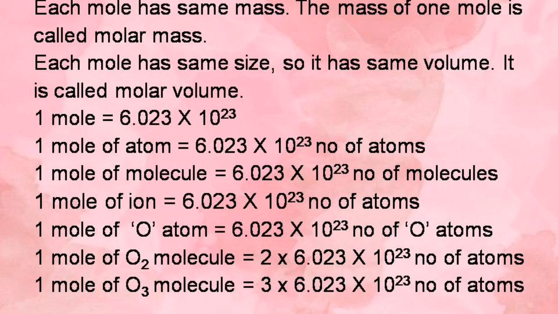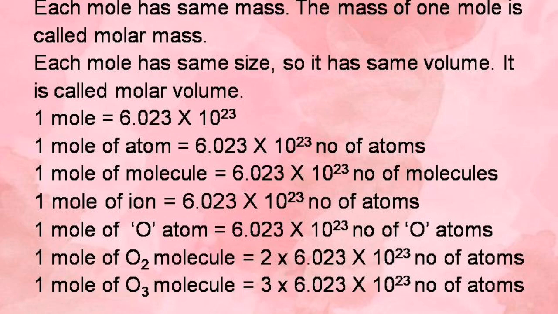We know very well that 1 mole is equal to 6.023 into 10 power 23. One mole of atoms is equal to 6.023 into 10 power 23 atoms. For example, 1 dozen apples means it contains 12 apples only. It does not contain 12 pineapples or mangoes or something else.